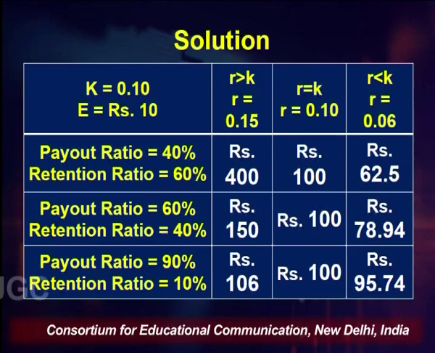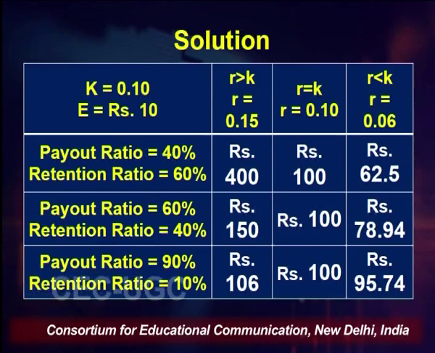But in middle, the case of normal firm where R is equal to K, whatever our payout ratio, whatever our retention ratio, it is not going to impact the price of the share, and it is seen in this table in the middle column that the price of the share is rupees 100 in all the 3 scenarios of payout ratio. It is not changing at all.